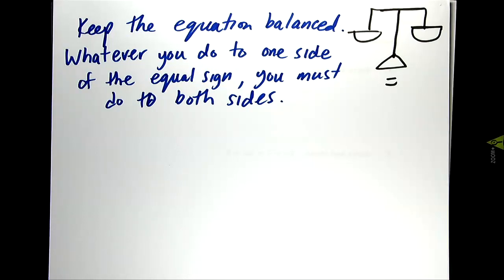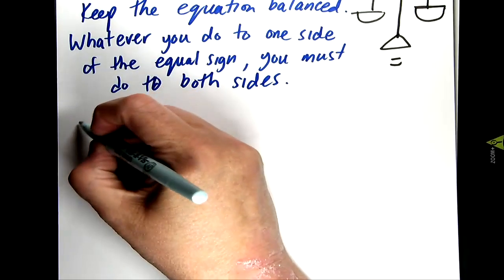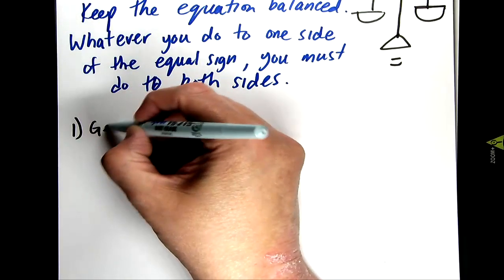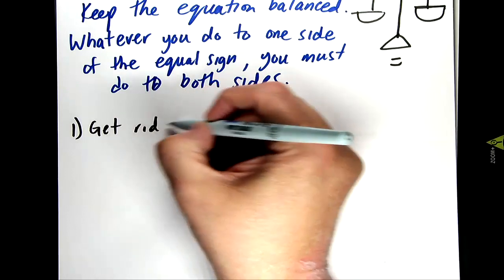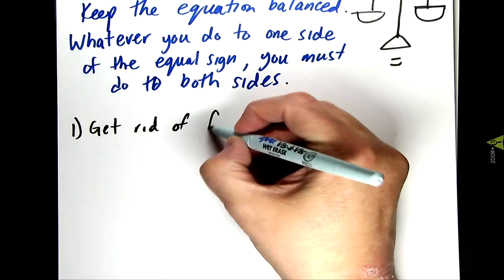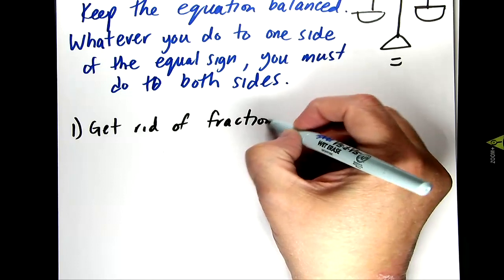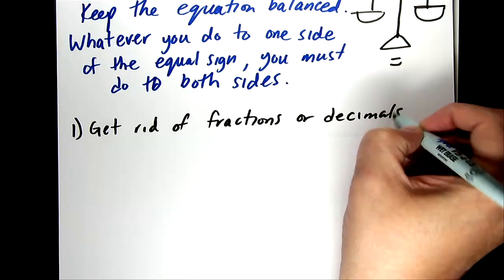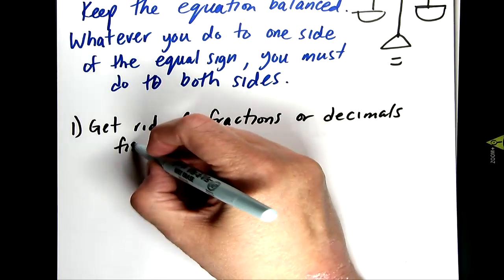All right, so how do we keep the equation balanced? Couple things we want to do. A good idea is to get rid of fractions or decimals first. There are some exceptions, as you'll see as we're going through this.